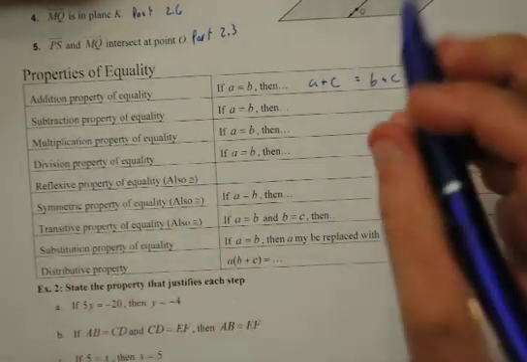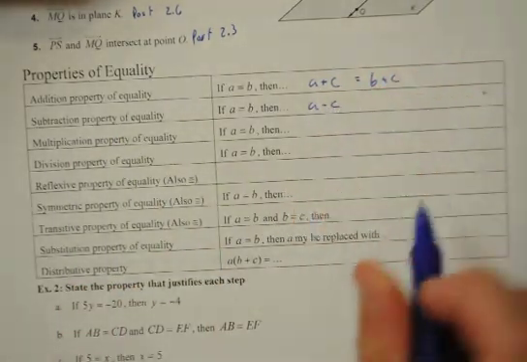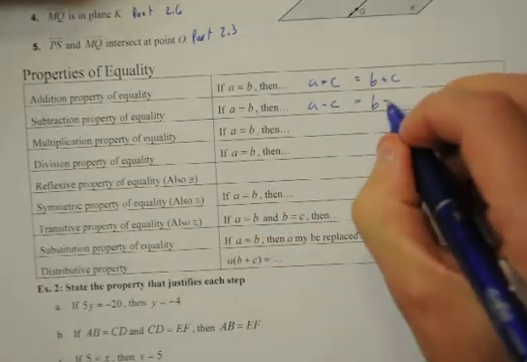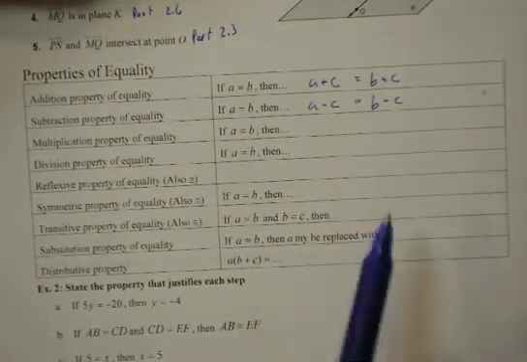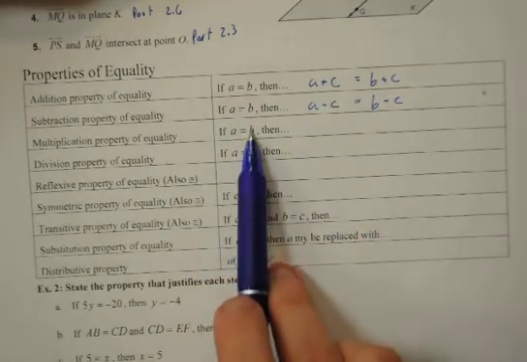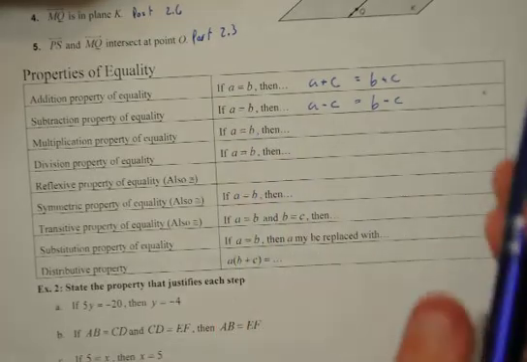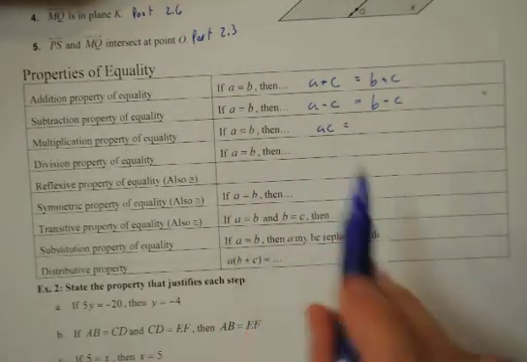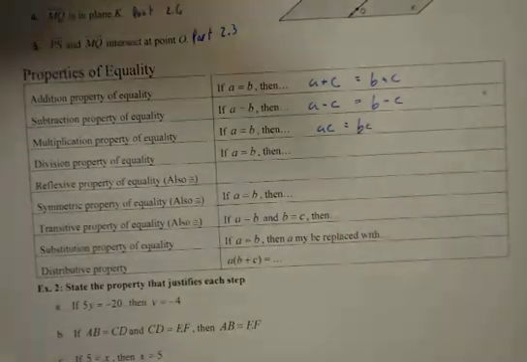Subtraction property. If I subtract C from one side of the equation, I have to subtract C from the other side. If we start with this, then this is okay. The multiplication property: if I multiply by C on one side, I multiply by C on the other side.